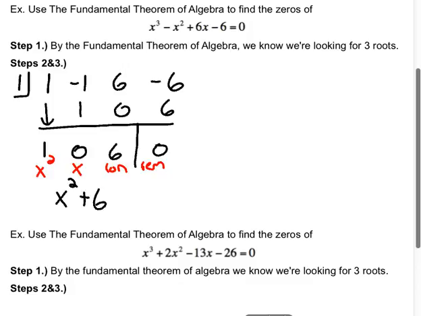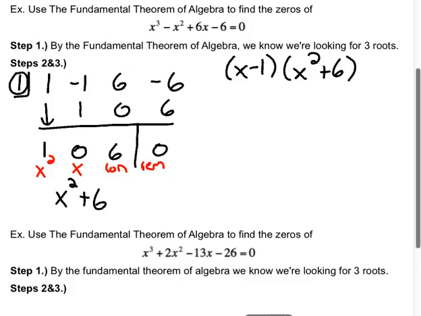Now remember, getting a remainder of 0 meant this was actually a fancy factoring problem. So what does that mean? If 1 is a solution, it means x minus 1 is a factor. So it factored that out and left me with that.